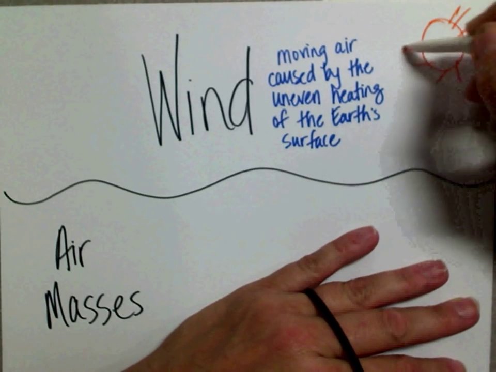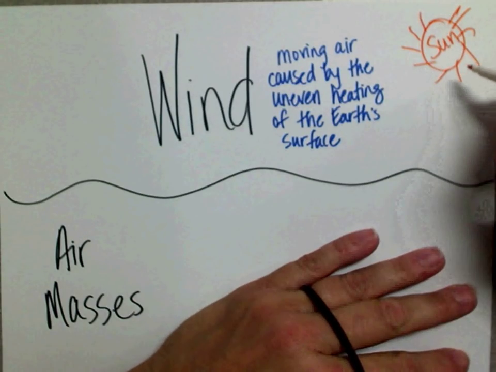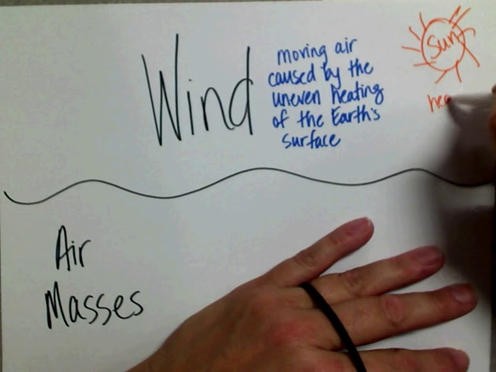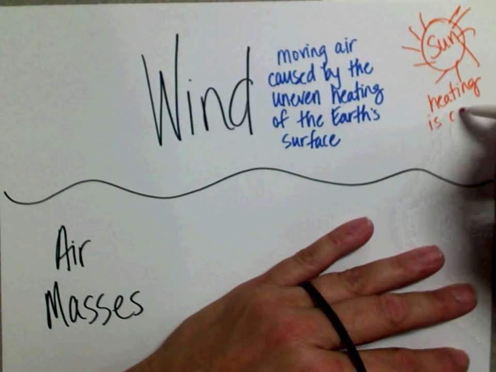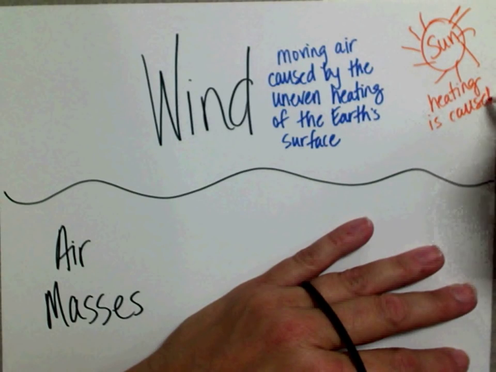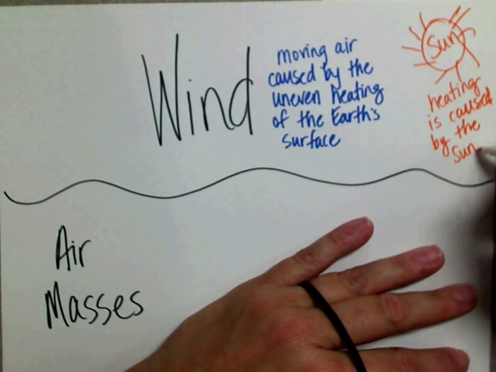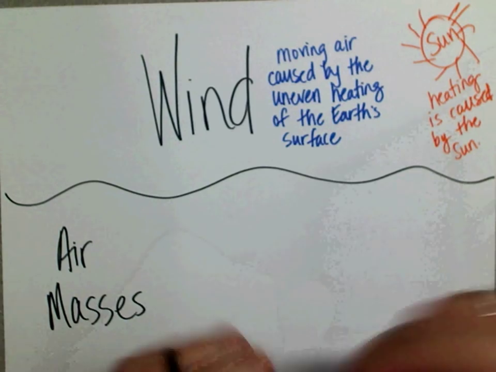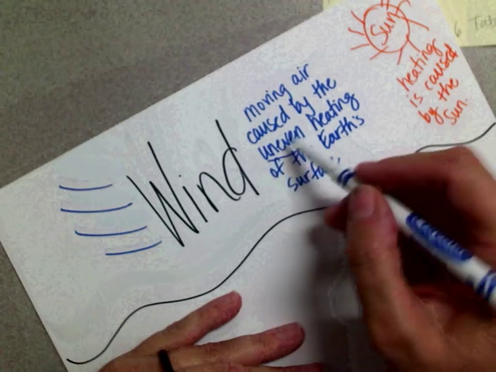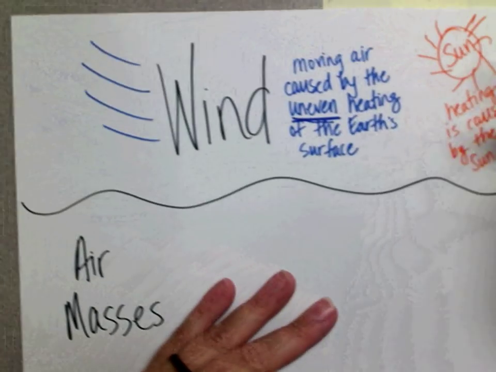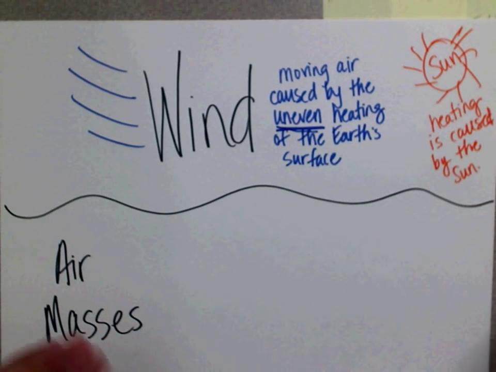The sun does the heating, and when it goes down, everything cools off. So our wind is blowing because of that uneven heating.